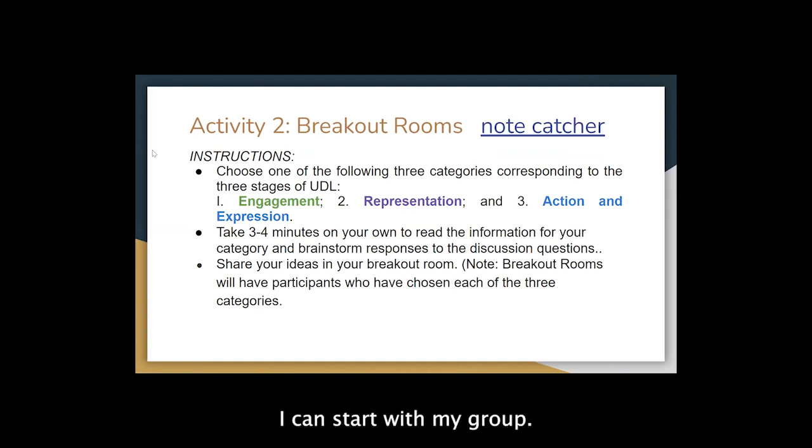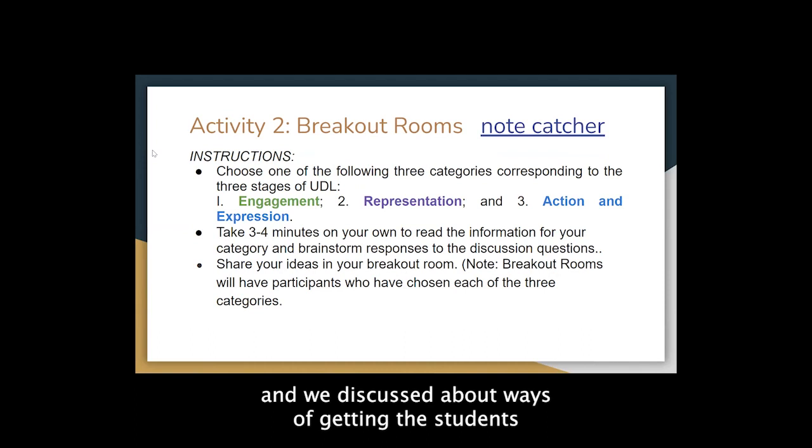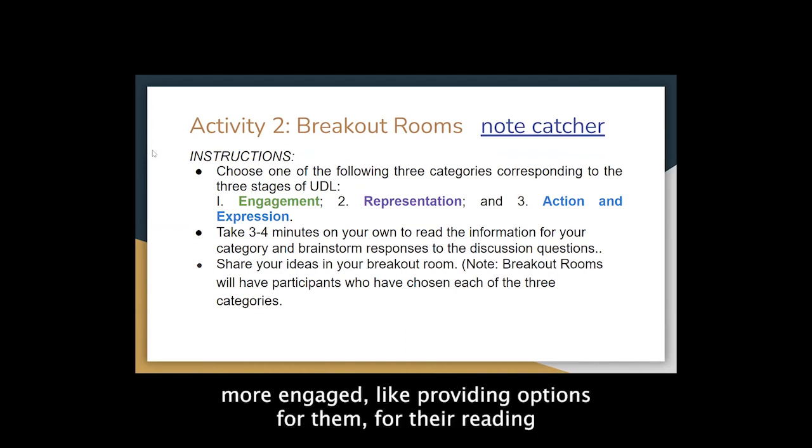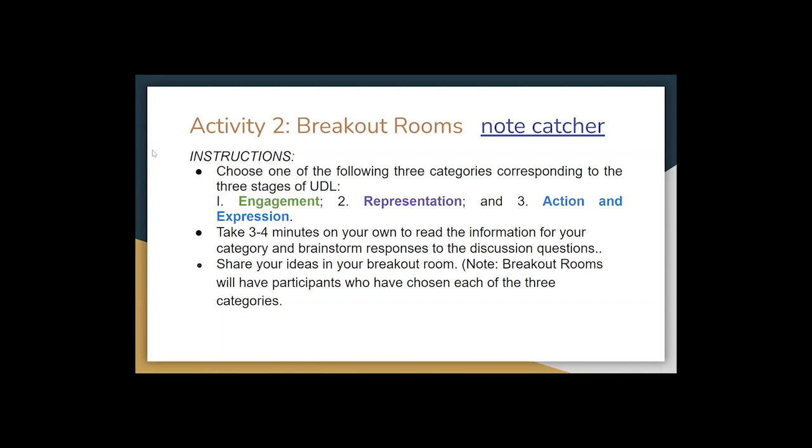I can start with my group. We were discussing the engagement category. We discussed ways of getting the students more engaged, like providing options for them for their reading passages, tasks, or even the homework selection. Another way would be to choose topics that are culturally responsive to them.